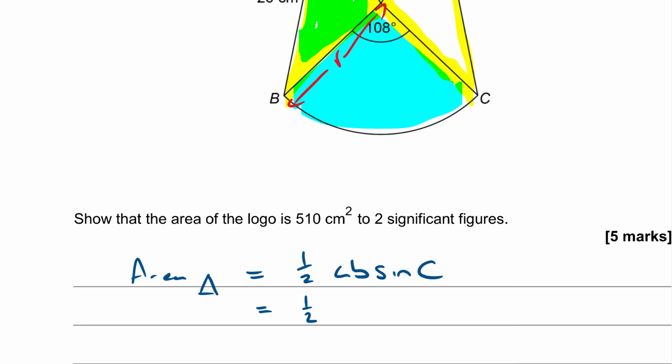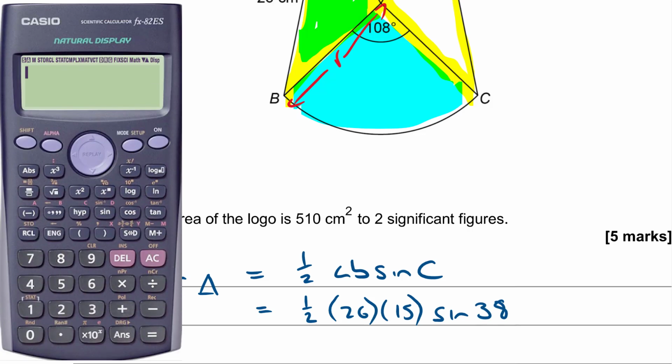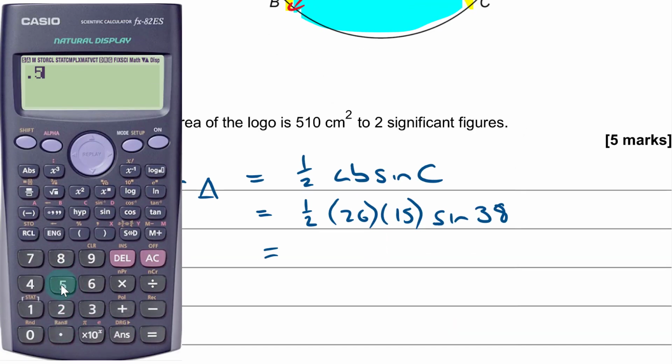So it's going to be a half, a which is 26, times b which is 15, times our included angle sine 38. What's that then? So 0.5 times 26 times 15 times the sine of 38. I make that 128.053.